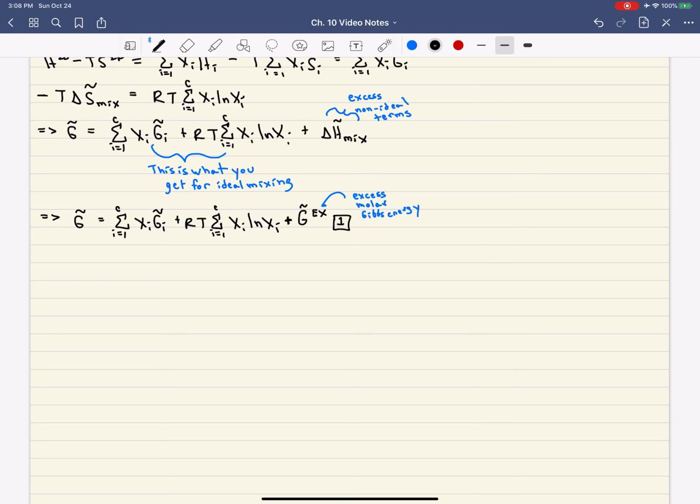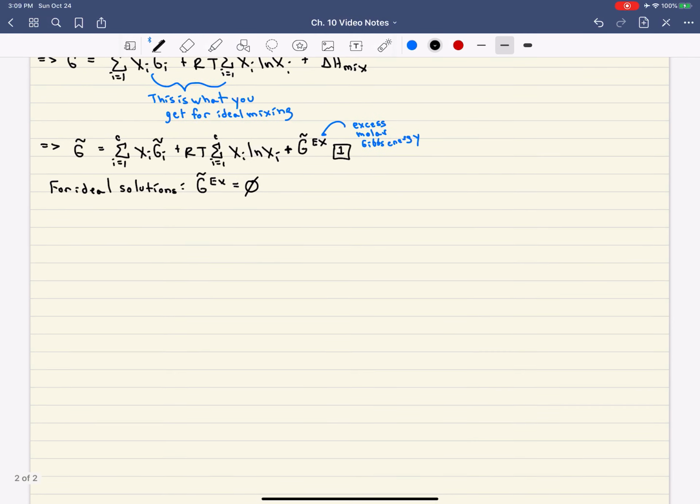All right, and so the way to think of it is if you have an ideal solution, your excess Gibbs energy for that solution would be equal to 0. And for a non-ideal solution, your G excess would be equal to your enthalpy excess minus T entropy excess. Okay?